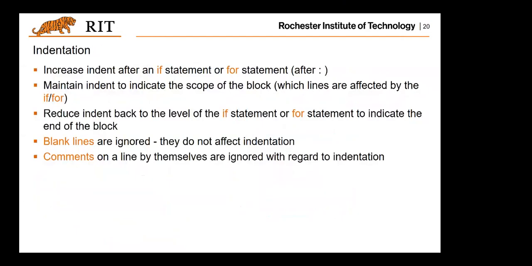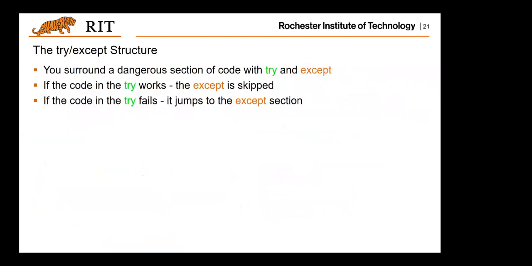I think I've mentioned the indentation, so we can just skip. So another very commonly used conditional execution is the try except structure. This try except structure will help you to avoid the stopping of the program.